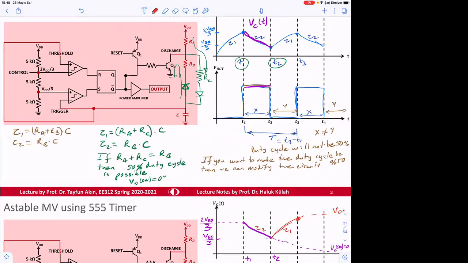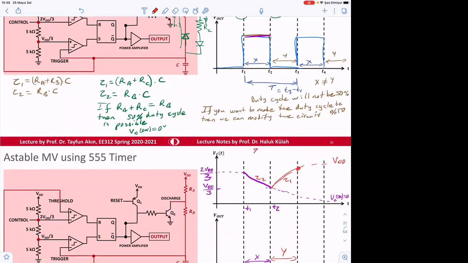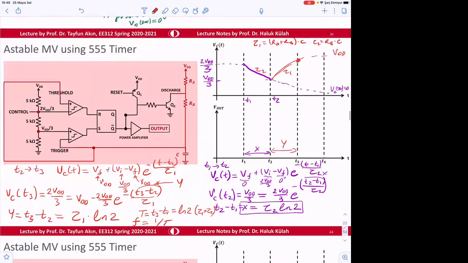Tau 1 was RA plus RB times C, where tau 2 was only RB times C. Due to that different charge-up and charge-down time, we had different X and Y values, but still it was operating as a clock generator, for example.